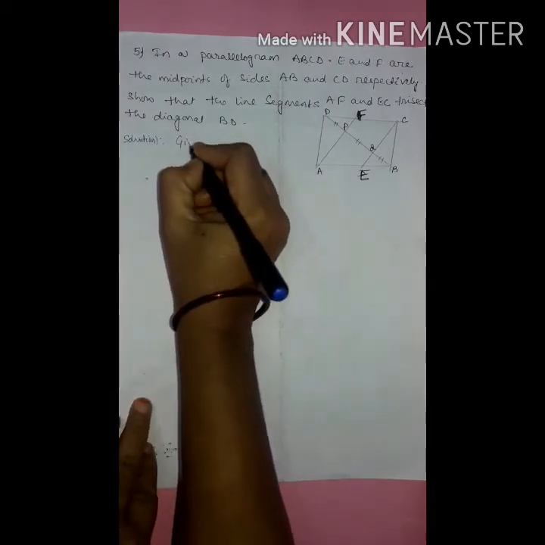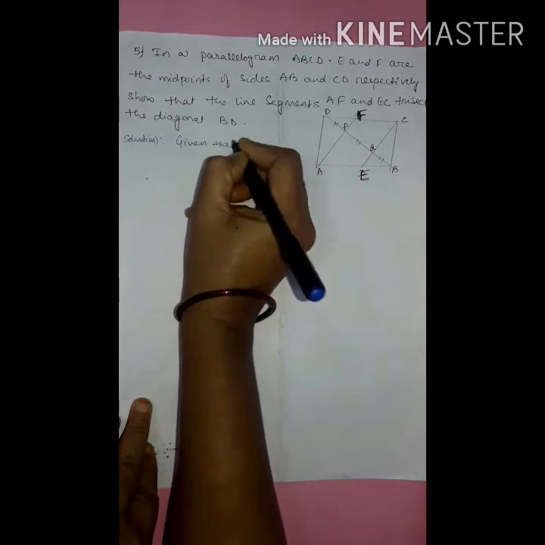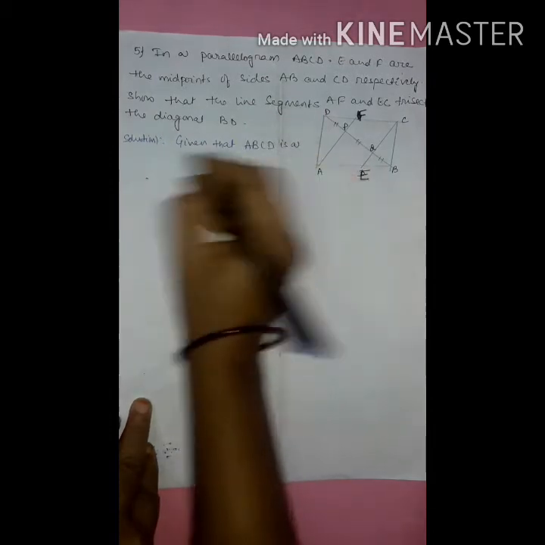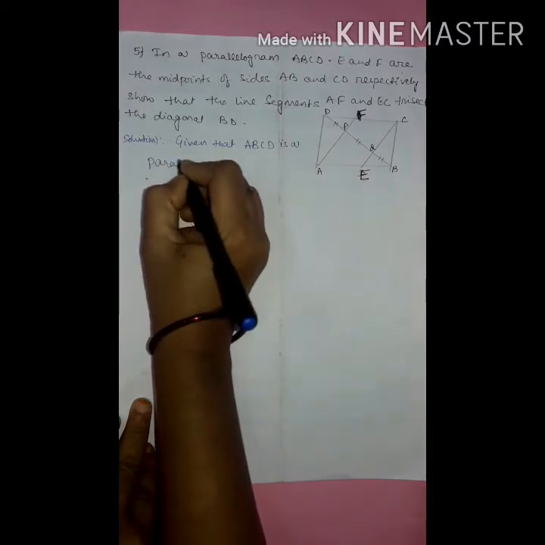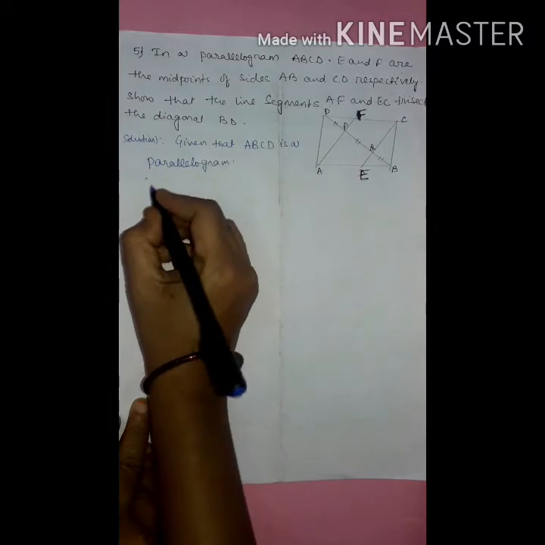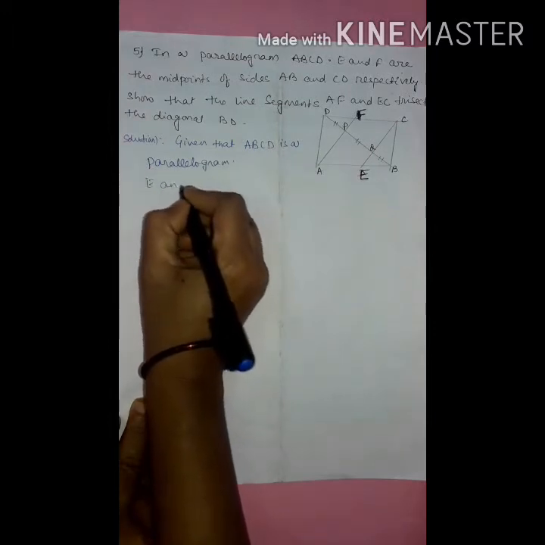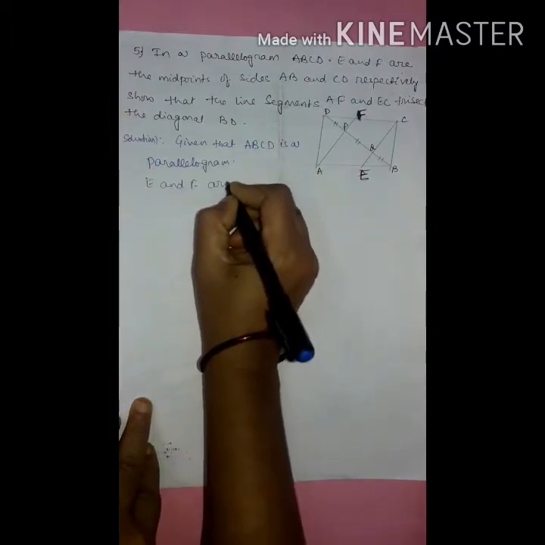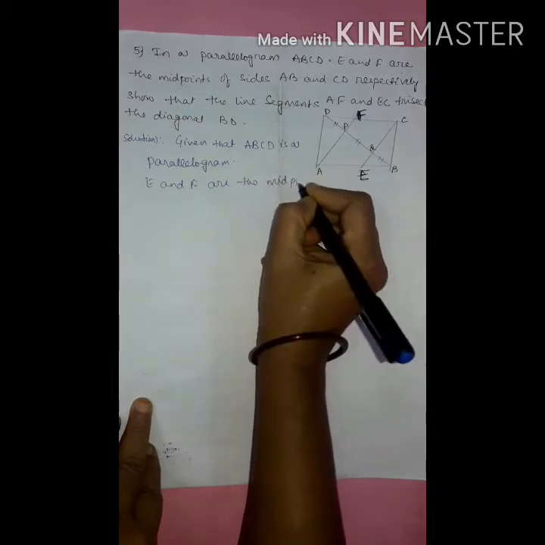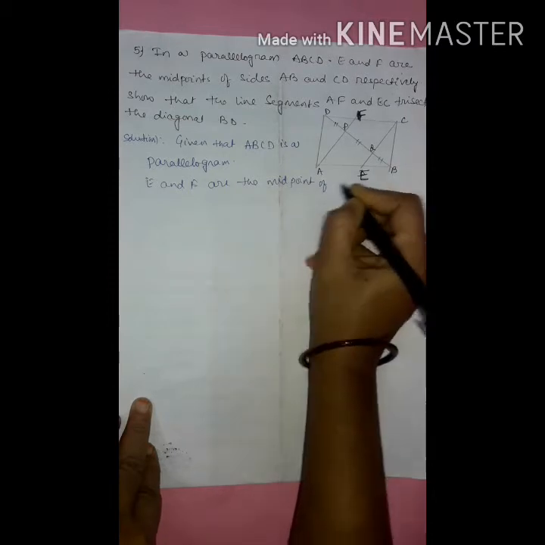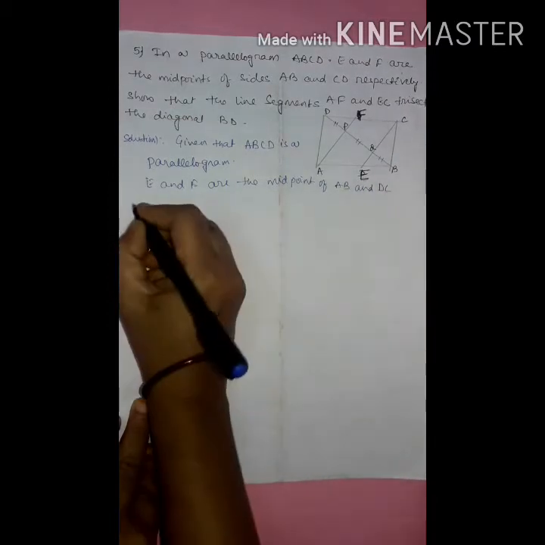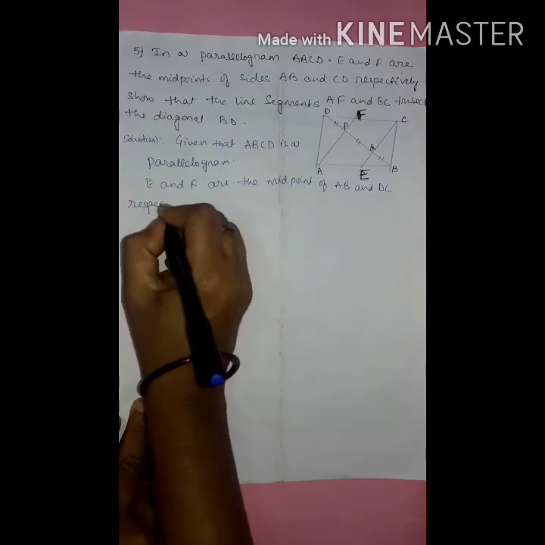Given that ABCD is a parallelogram. E and F are the midpoints of AB and DC respectively.